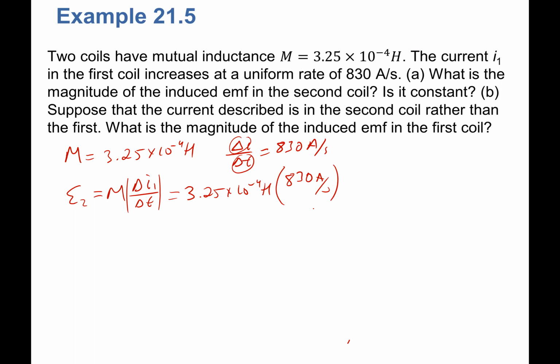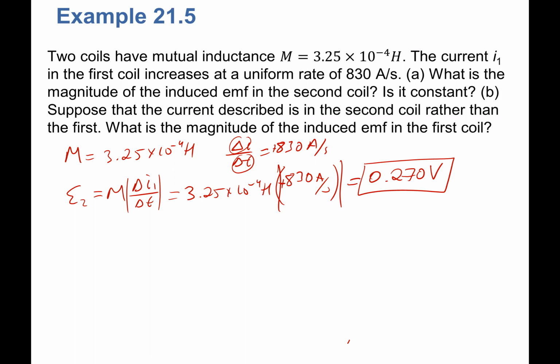If I do that calculation, by the way, one thing you can see is that this could be negative, so we use the absolute value, because technically it's negative since the current is decreasing. If it's increasing or decreasing, it doesn't really matter. So what we get here is 0.27 volts, which is about 270 millivolts.